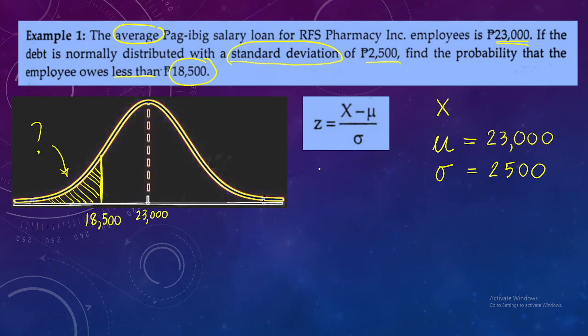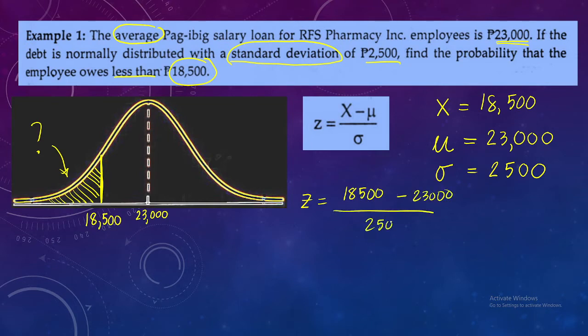So to get the Z, let's use the formula. Again, our X is 18,500. Let's substitute everything to the formula. Z is 18,500 minus 23,000 all over 2,500.